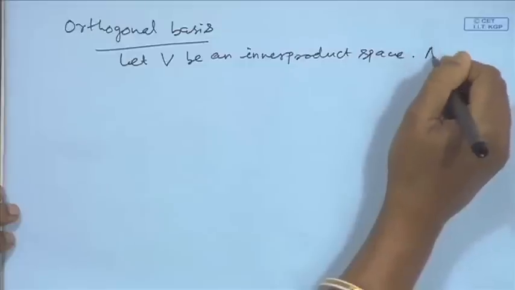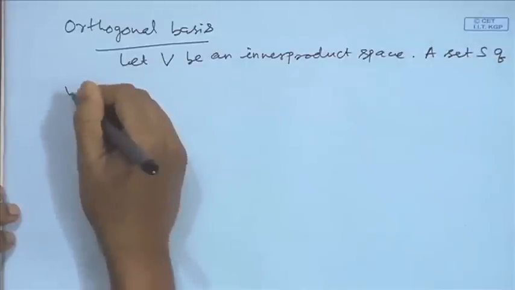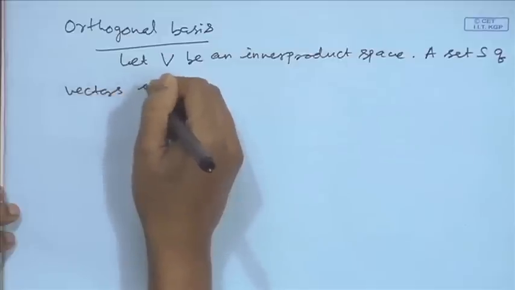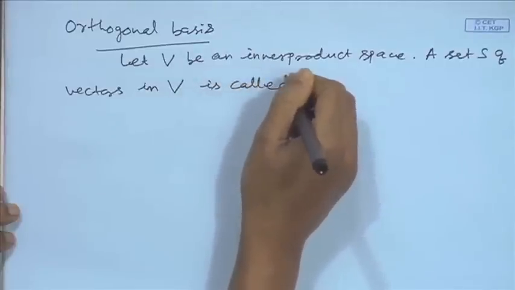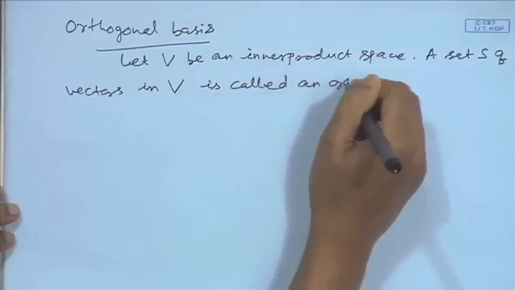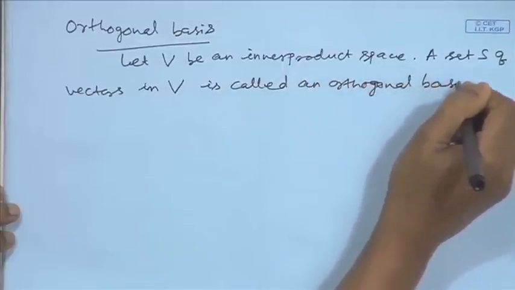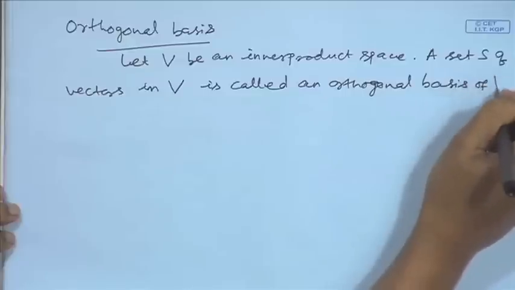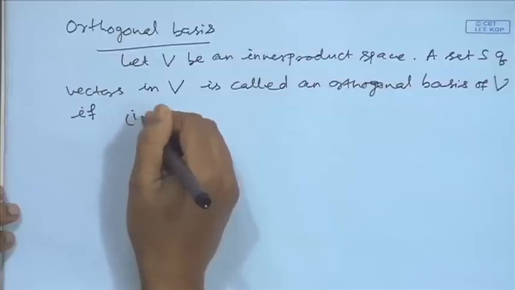A set S of vectors in V is called an orthogonal basis of V if the following conditions hold.